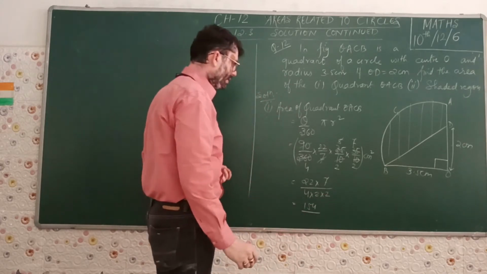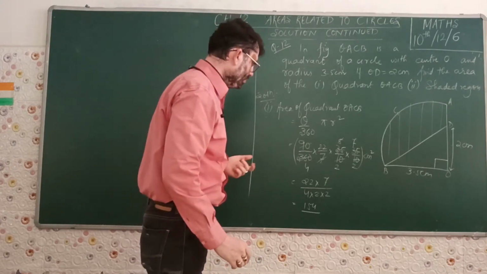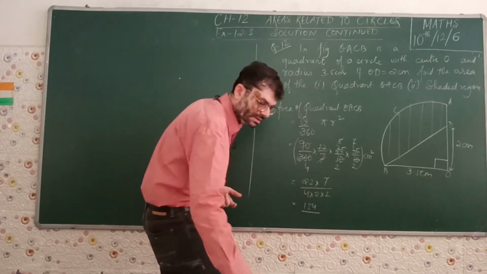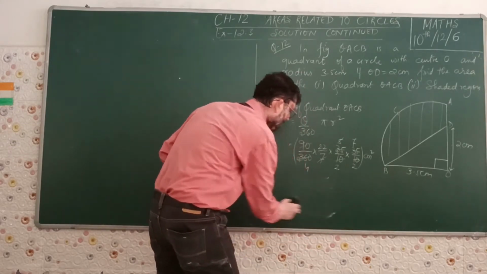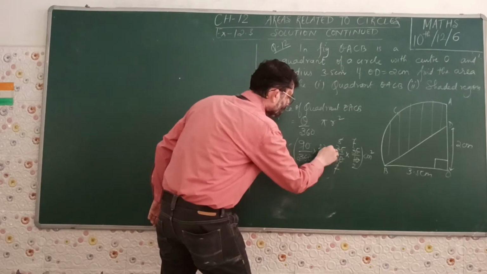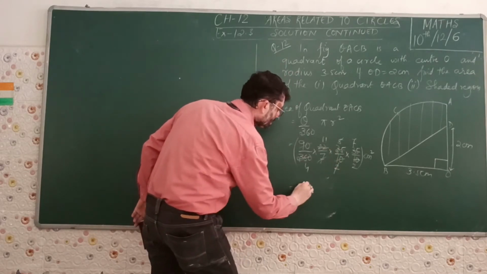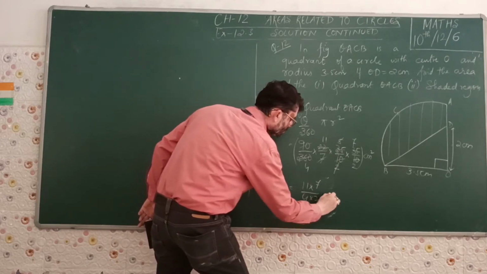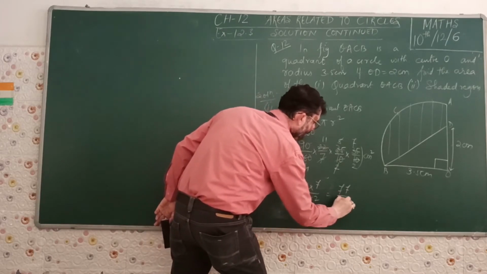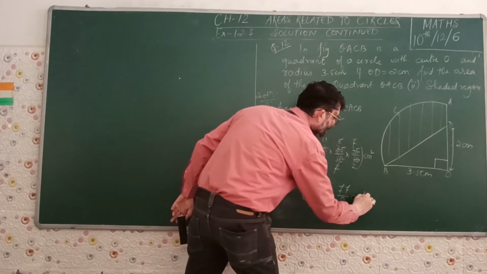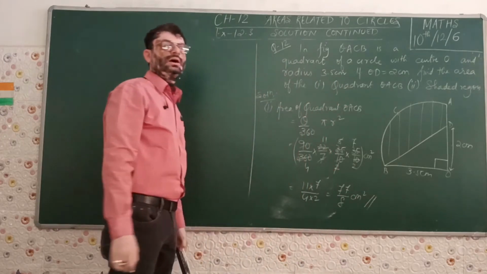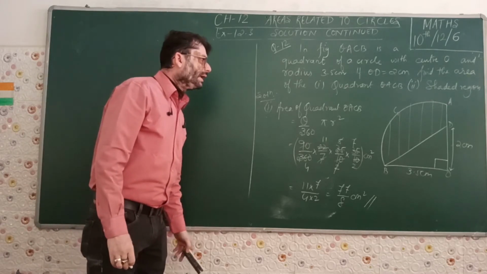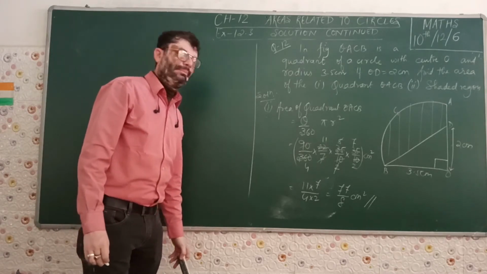We can cancel this one also. It can be simplified more. This 2 can cancel here, 11. So this is 11 into 7 by 4 into 2. So this is 77 by 8 centimeter square. So this is the area of the quadrant that is required, O, A, C and B.